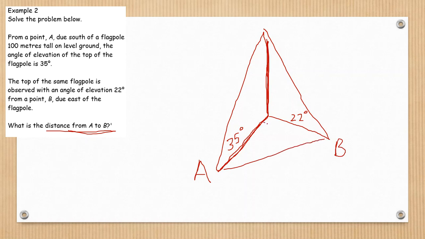And noting that this is a right angle triangle, because this direction was south, this direction was east. Our normal compass rose looks like this, south, east.